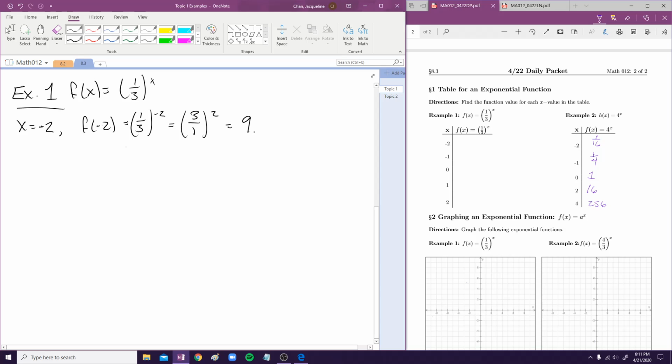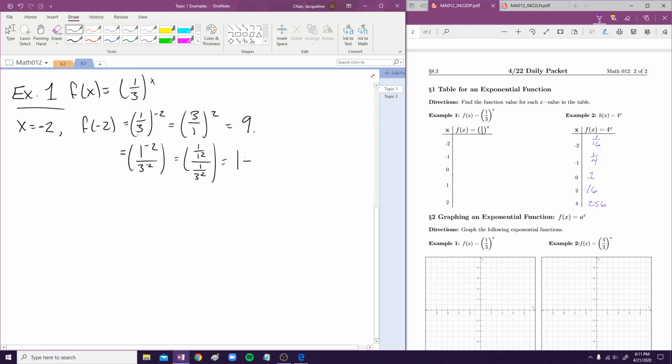Another way to look at it is you can just distribute. So this is 1 to the -2 over 3 to the -2. This becomes 1 over 1 squared, and this becomes 1 over 3 squared. 1 squared is 1, and 1 over 1 is 1.